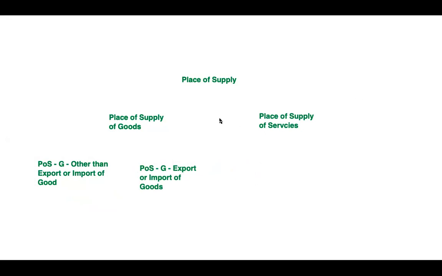I asked a very simple question. Import of goods, export of goods. How are we going to understand? When will you say goods imported, when will you say goods exported? Import of goods, export of goods. Quick.